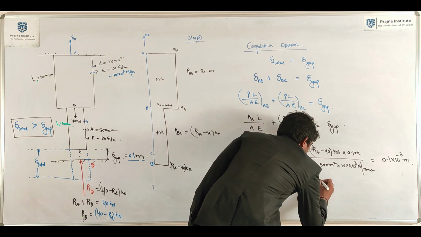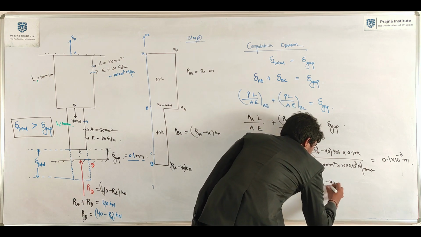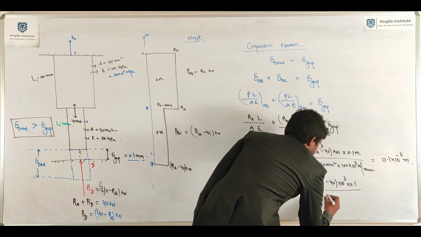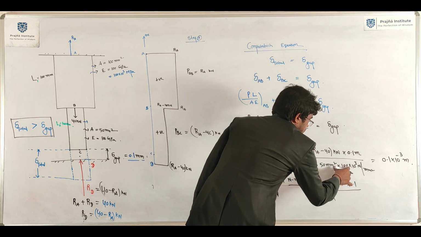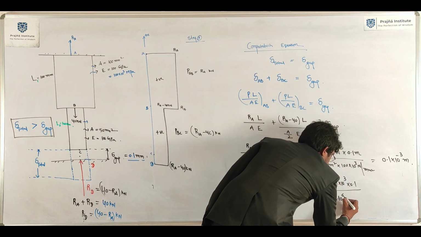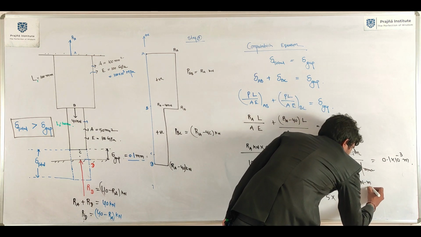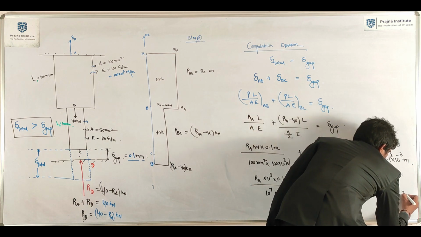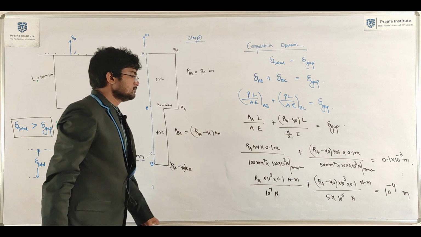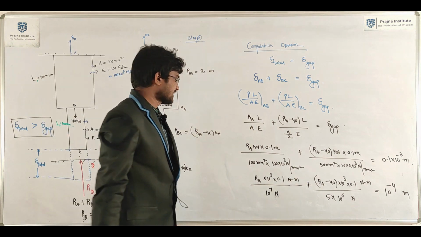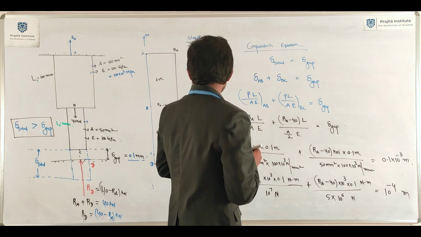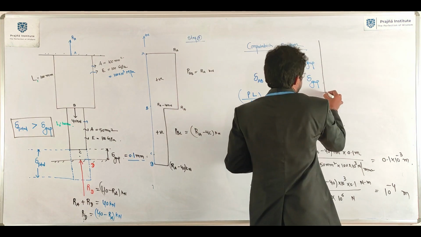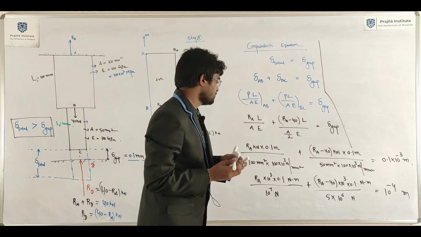Next, RA minus 40 into 10 cube into 0.1 by 5 into 10 power 6. Here it is Newton meter, finally Newton, 10 power minus 4 meter. Correct? So finally what will you get? Calculate and tell me.